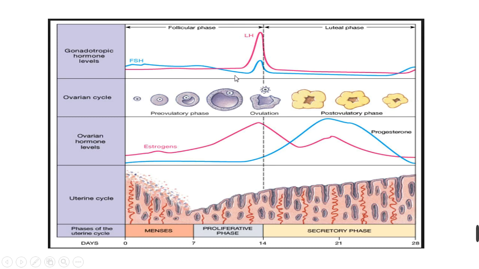This is the FSH and the LH, and this is the sharp rise in LH release during the time of ovulation. These are estrogen and progesterone, and you can see the ovarian hormone level, how the estrogen level increases during the time of ovulation, while during the luteal phase the progesterone secretion will be increased.